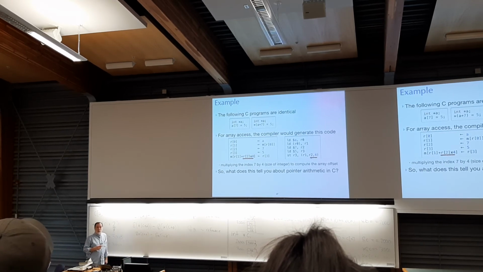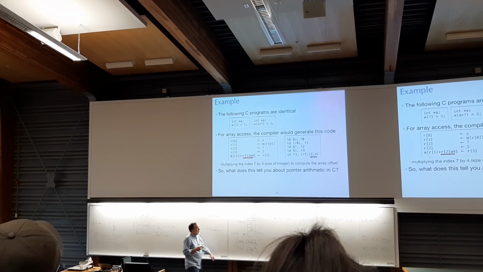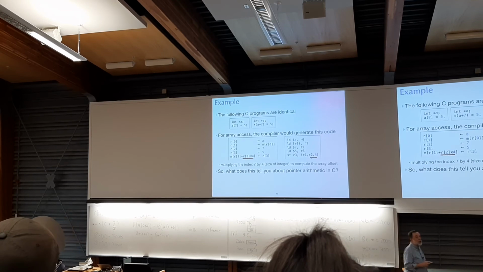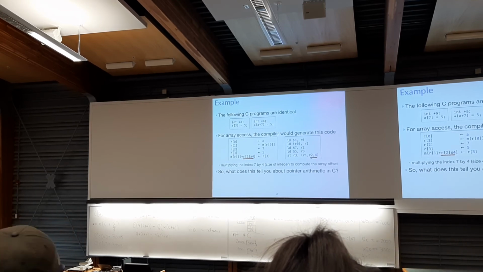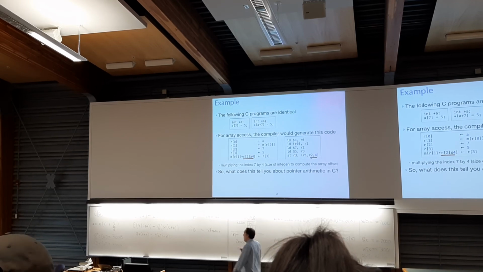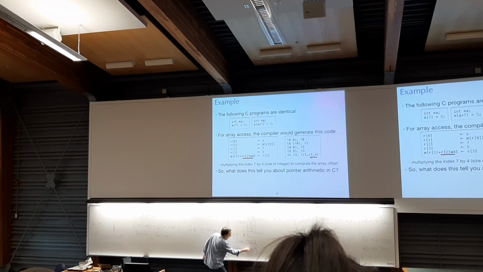Address and star together cancel each other out. If I take the address and I dereference it, or dereference and get the address, so here I would be going into C and then going back.